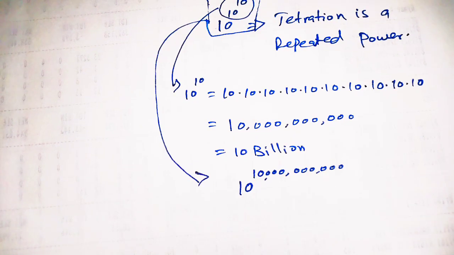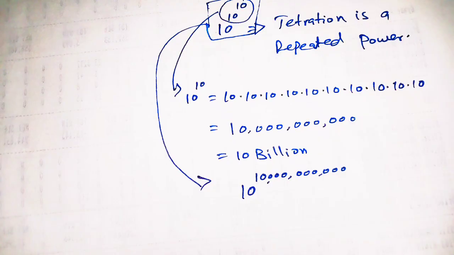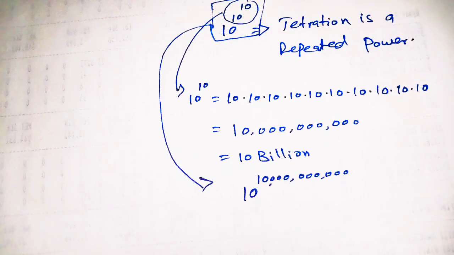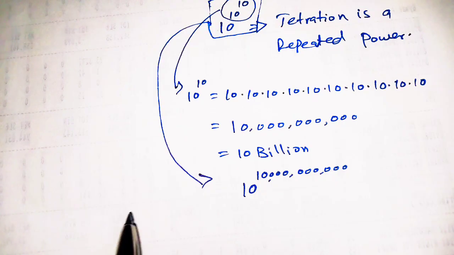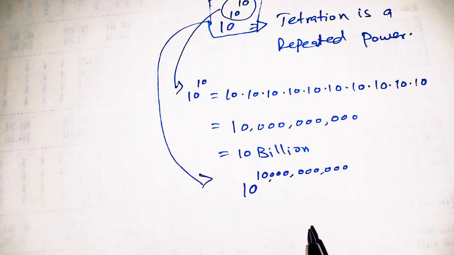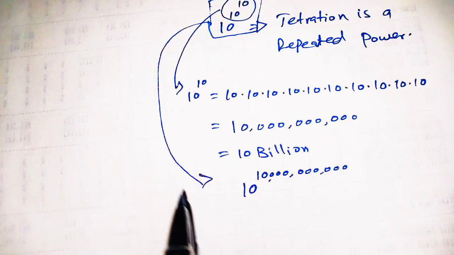This is the reason that tetrations are not taught at school level, because at school level we are not going to deal with such huge numbers, as tetration is very much huge as compared to exponents.